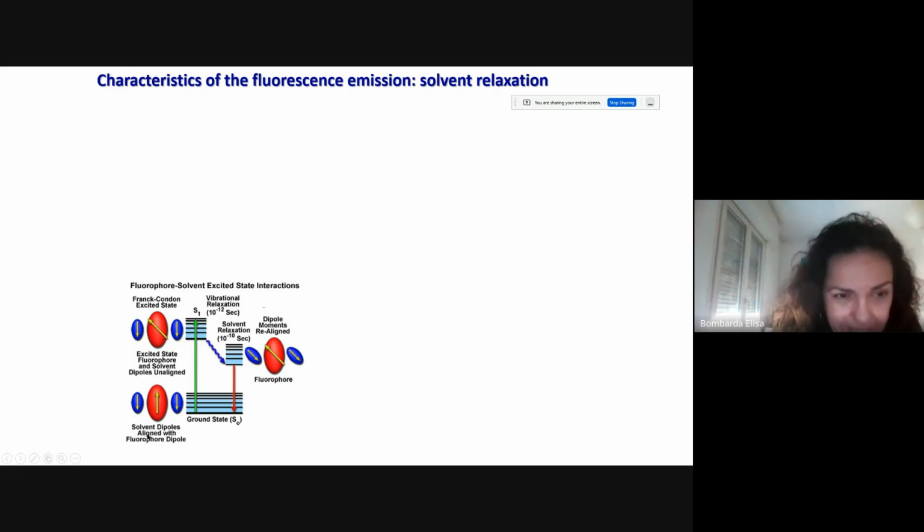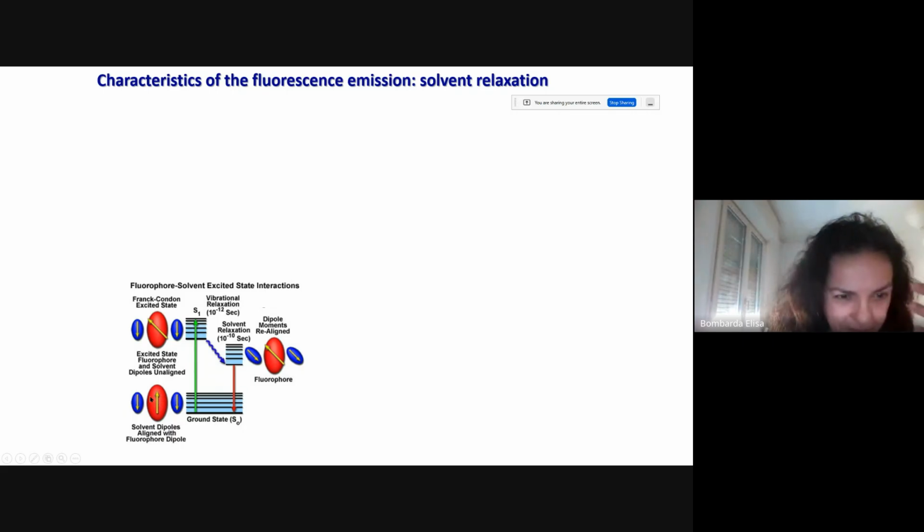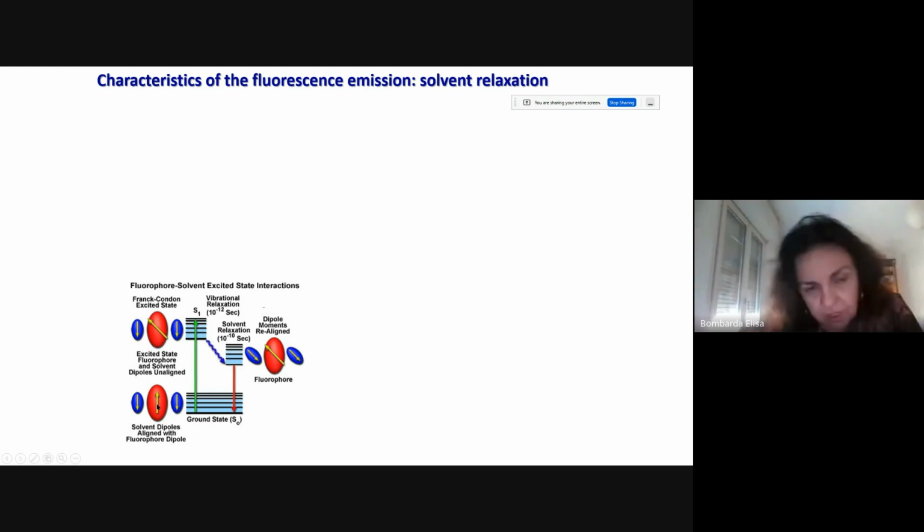molecules, as we were seeing, are represented as oscillating dipoles. Then in red is our molecule that I excite, and in blue is the solvent. So in this case, the dipole in the emission in the excited state is different from the ground state, because there is an emission dipole and the absorption dipole.